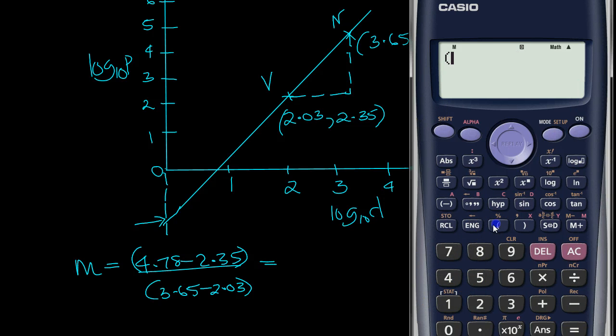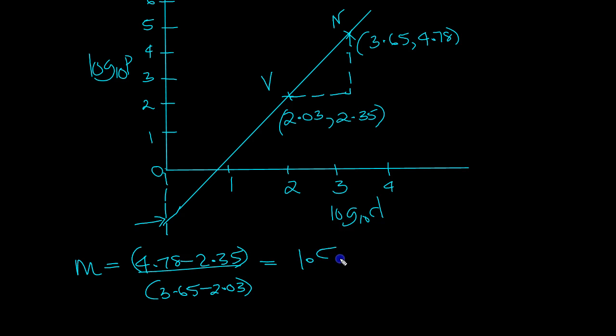So on the top is 4.78 minus 2.35 divided by bracket 3.65 minus 2.03 equals 3 over 2, or 1.5. So there's our gradient then.